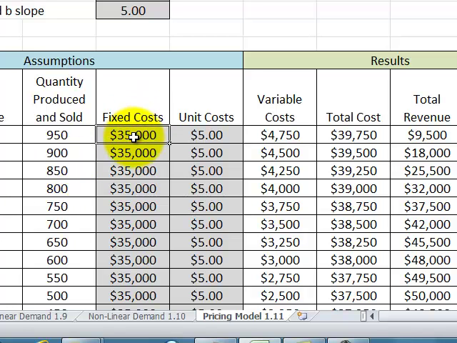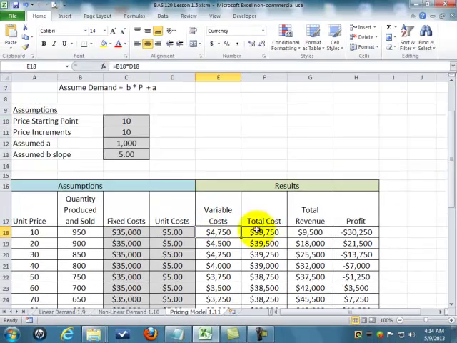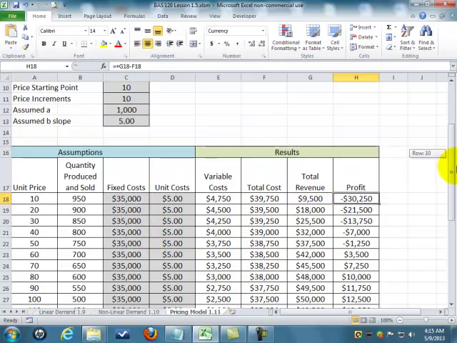They told us what the fixed cost was, the unit cost. Here we calculated our variable costs, our total costs, and we were able to calculate our total revenue. We calculated our profits, which are simply our total revenue less our total cost. Now look what's going on here. It's kind of interesting.